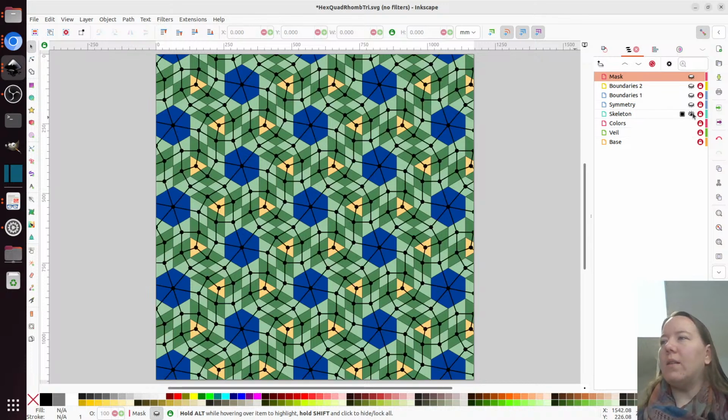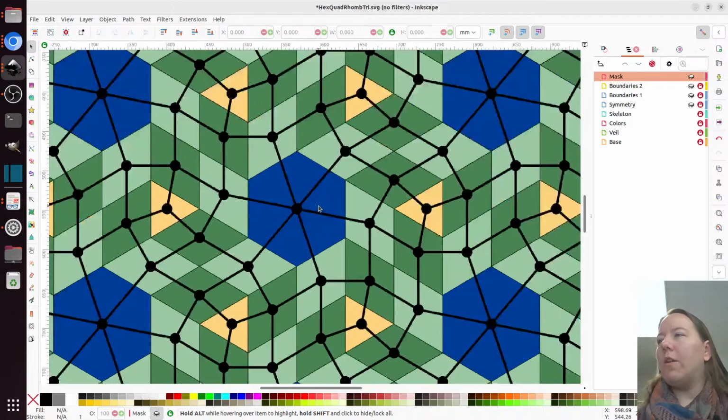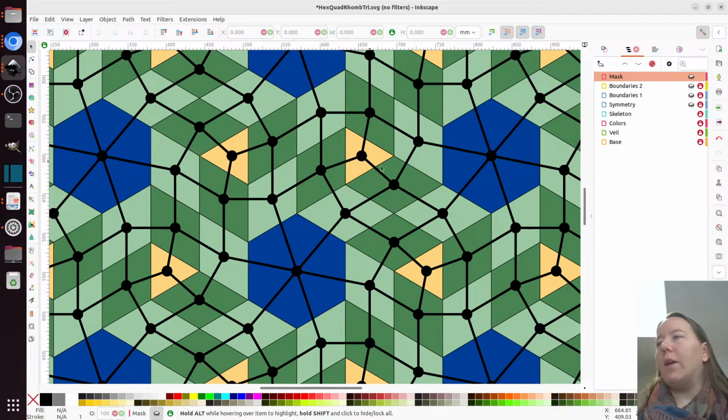Then the skeleton is showing us, okay, we've got these hex, rhomb, rhomb, rhomb, back to hex loops. We've got these 4 rhombi loops. We've got these triangle, rhomb, rhomb, rhomb, back to triangle loops. And those are the 3 different loops that we're going to have in this pattern.